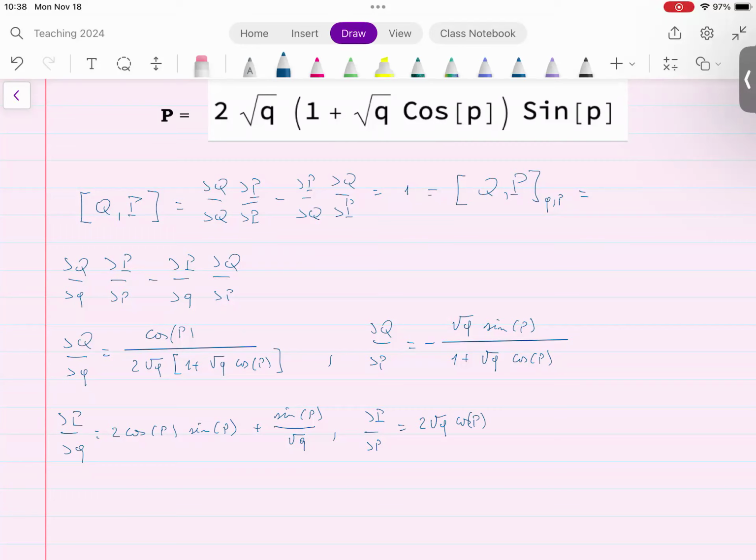So that's going to give me the cosine of 2p, plus 2q cosine of 2p, which may be more useful written as 2 square root of q cosine of p plus q cosine of 2p.